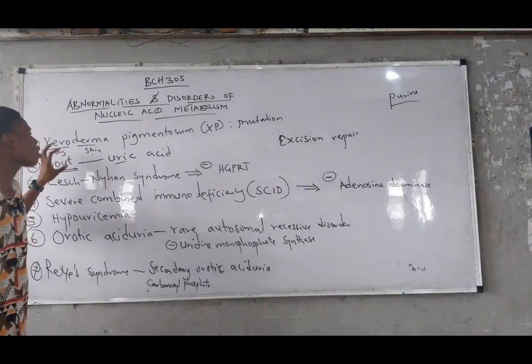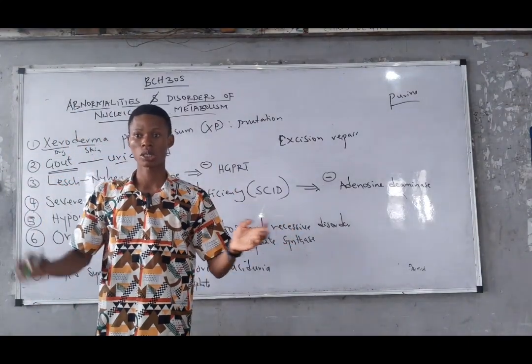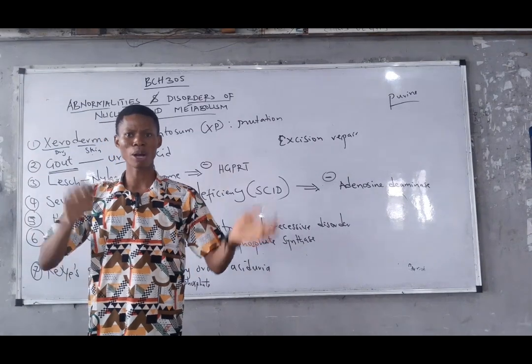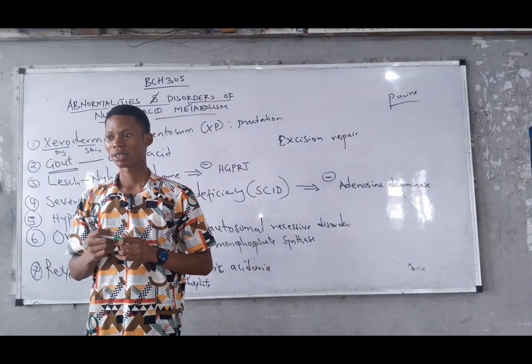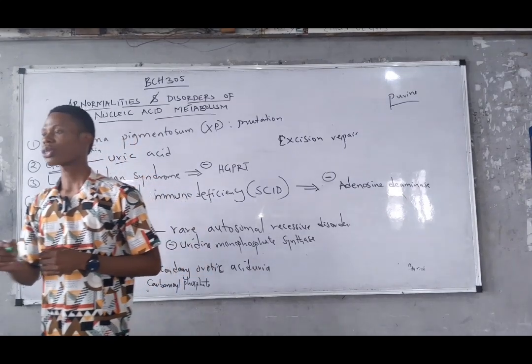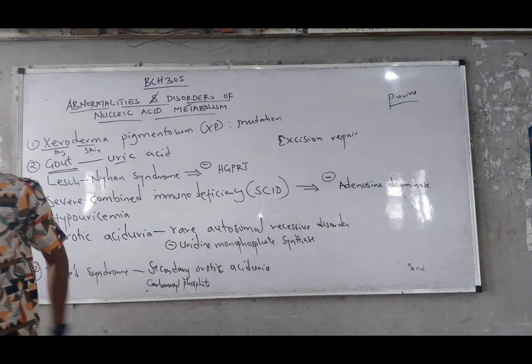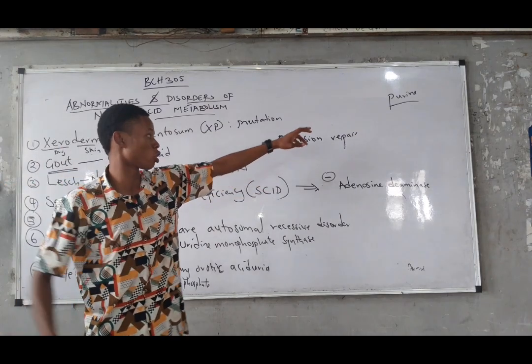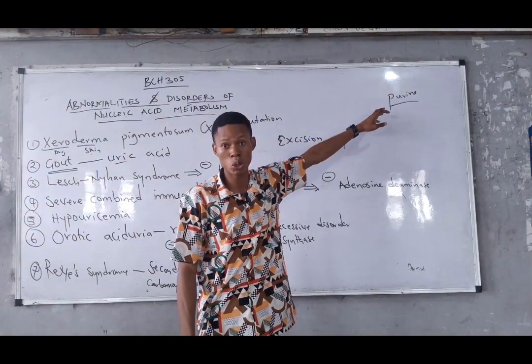But gout can be divided into two. We have primary gout and what? And what's the difference between primary gout and secondary gout? The one we've been talking about since is primary gout.